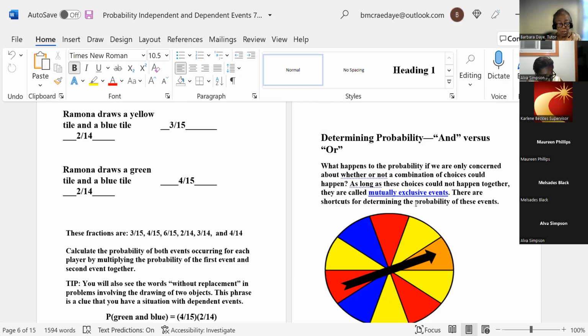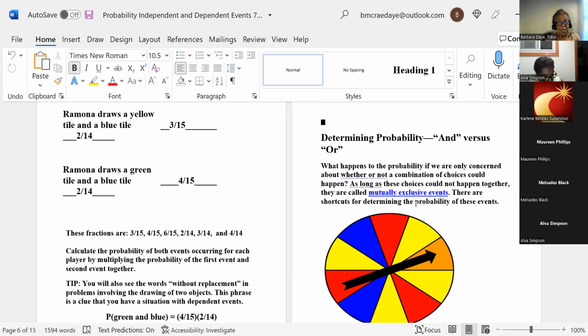A good example is a coin. When you flip a coin, you can't get a head and a tail together. You either get a head or you get a tail, right? So that's a mutually exclusive event, flipping a coin, because you can't get head and tail together.